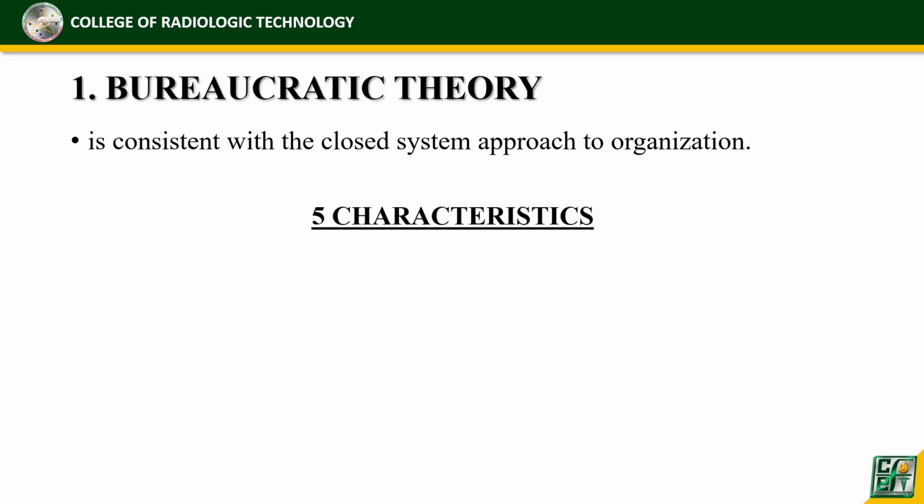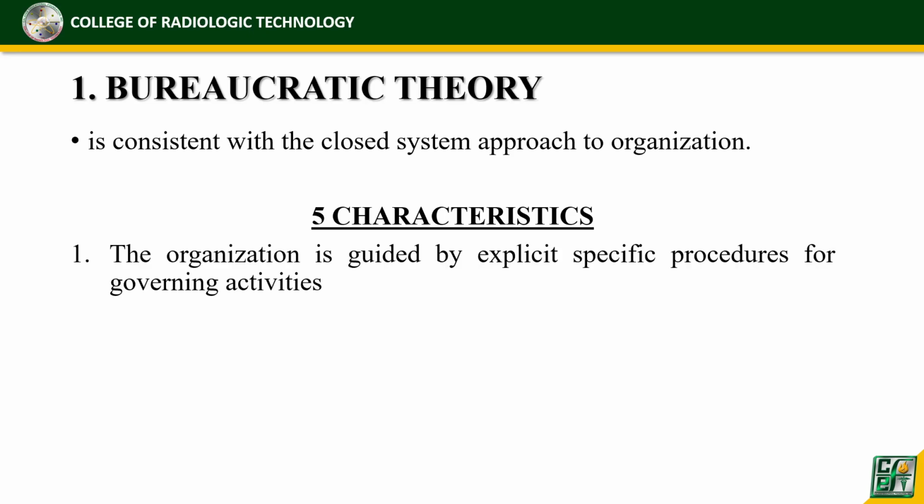So, five characteristics of the bureaucratic theory. So, number one, okay, the organization is guided by explicit, specific procedures for governing activities. So, katulad nga ng binanggit natin kanina, closed system approach. Okay, so very structured, guided by specific rules and procedure.